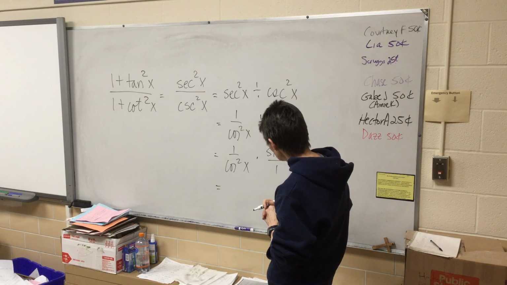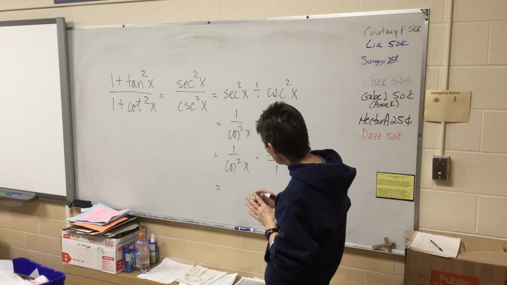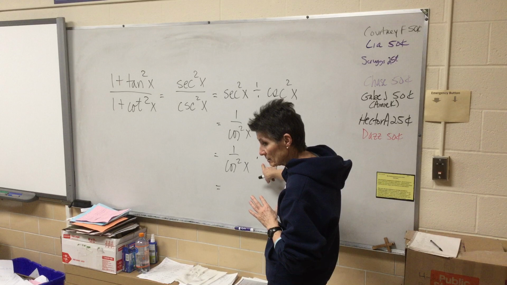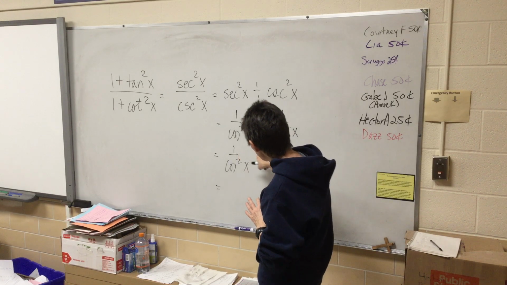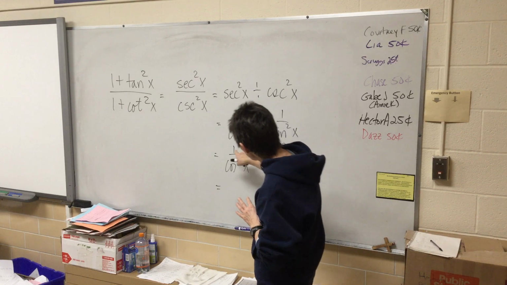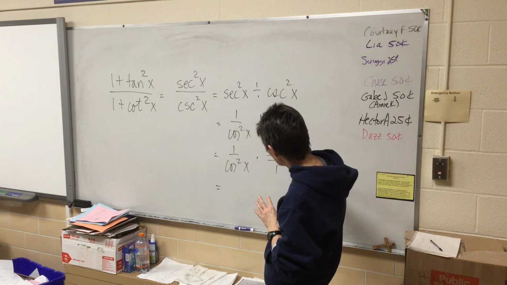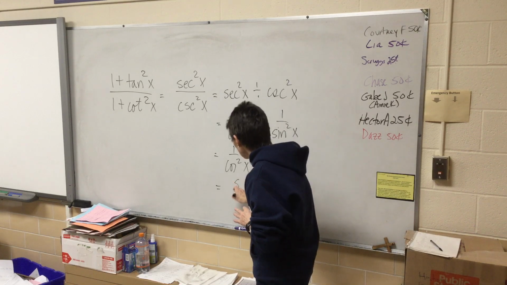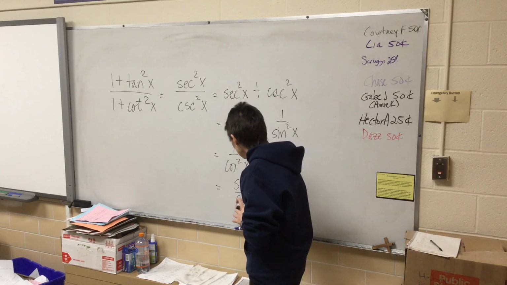Now, be careful, we're multiplying. So when I multiply fractions, I just multiply straight across. So what am I going to have on the top? Sine squared. Yep. And on the bottom, I'm going to have cosine squared.